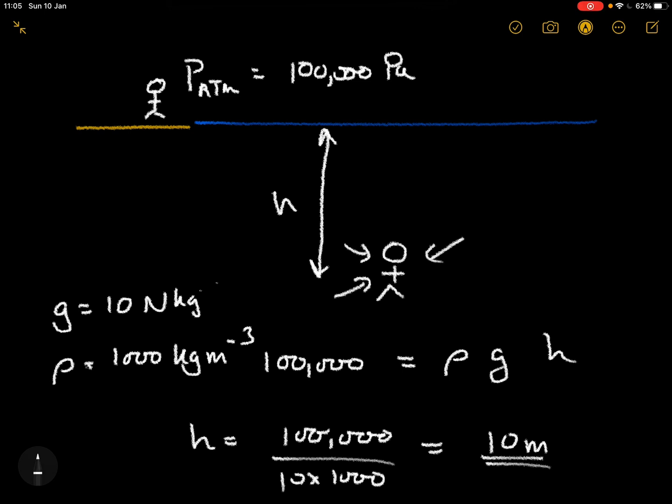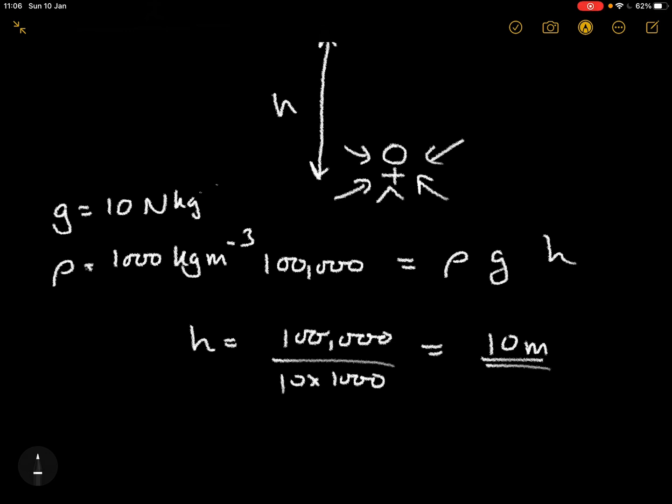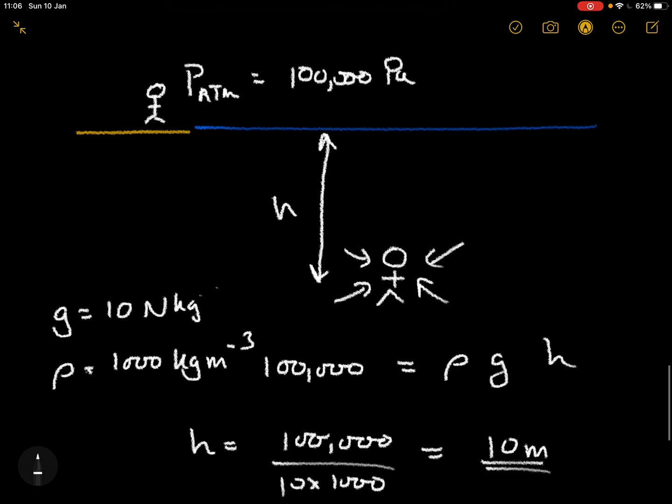That extra pressure is pushing in on you from all directions. You'll feel it on your ears, you'll feel it on your chest, you'll feel it in a lot of places because it's potentially trying to squish you in. The record for a human free diving is 330 meters down, which gives you about 3.3 megapascals. It's a very, very large distance.